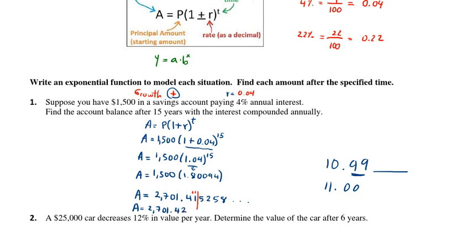$2,701.42. That is what you will have after 15 years. So, find the account balance after 15 years with interest compounded annually.